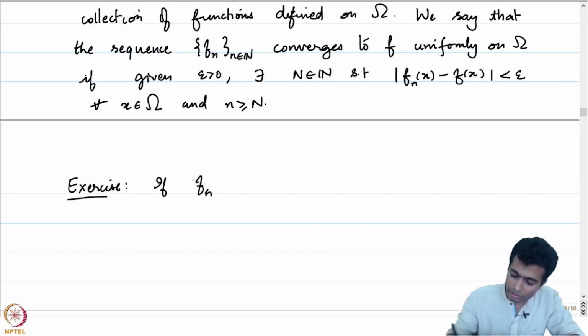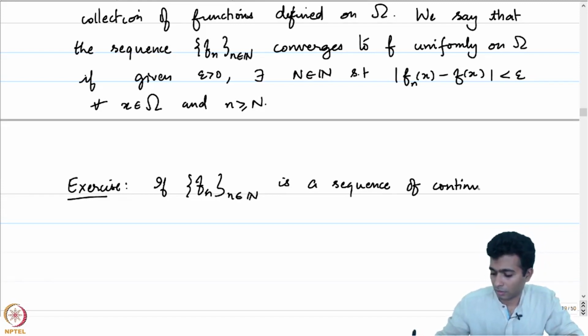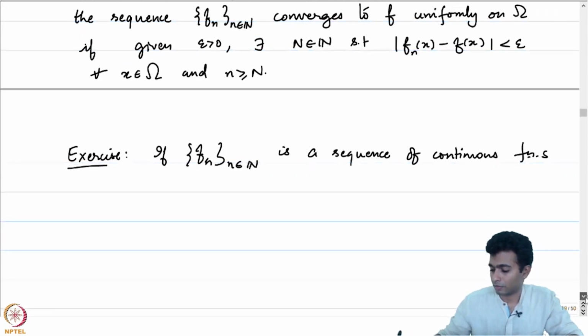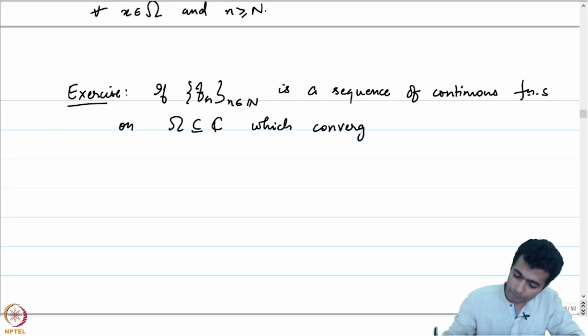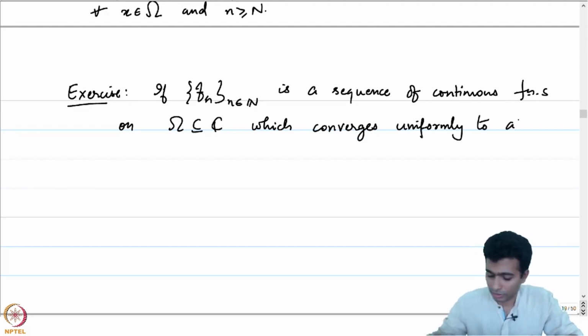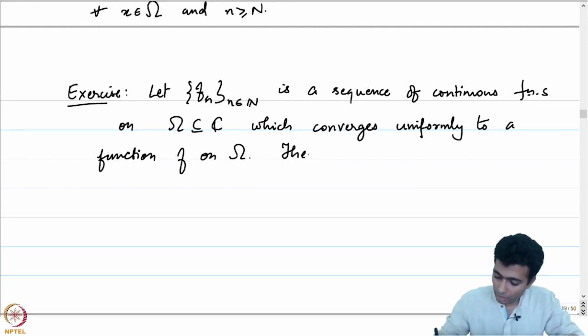If Fn is a sequence of continuous functions on omega which converges uniformly to a function, say f, on omega, then f is a continuous function on omega.